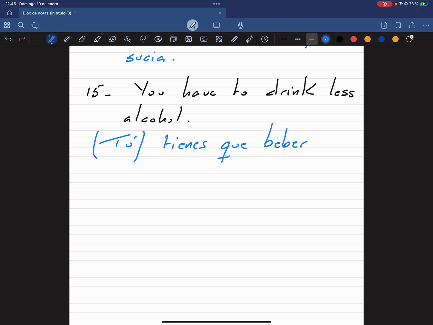So, tú tienes que beber, you have to drink less. Remember this word from when we saw the comparatives? We say menos, and alcohol is alcohol. We spell it the same way. It's simply that we don't pronounce the H, so we say alcohol. Tú tienes que beber menos alcohol.